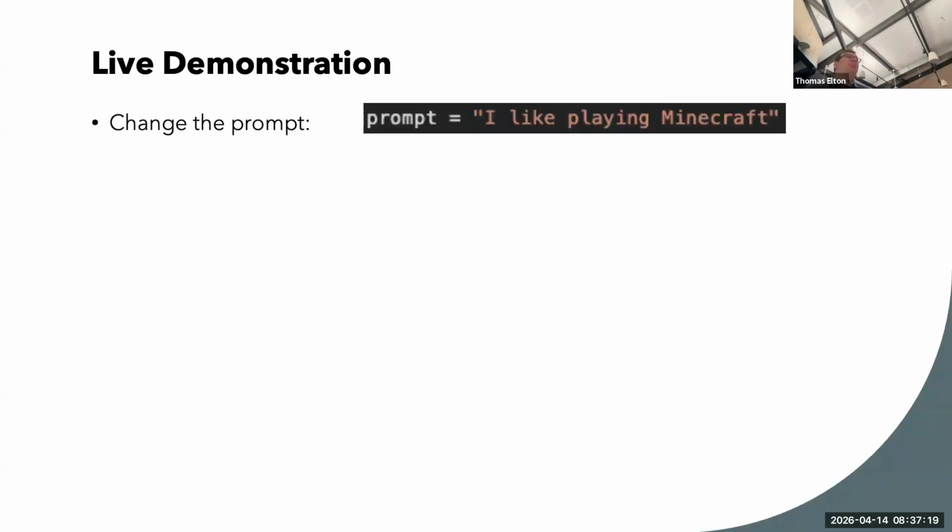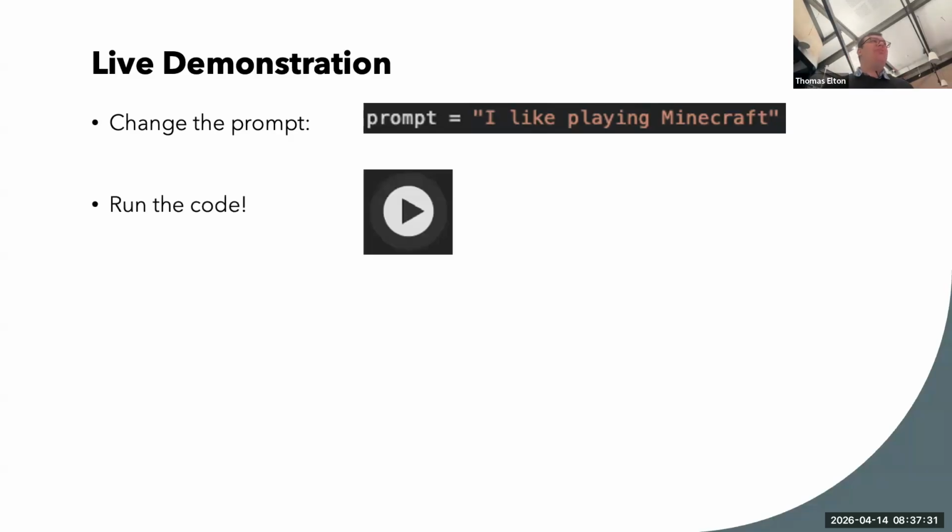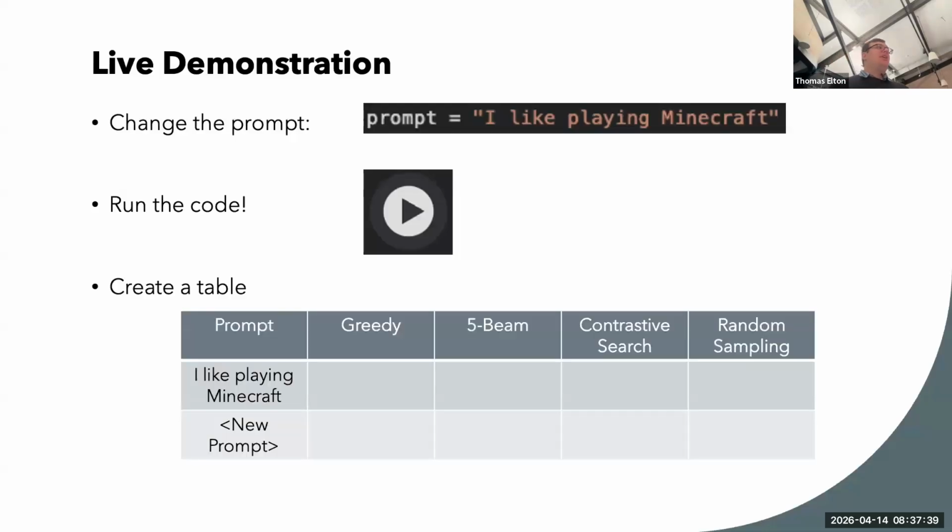So very quickly, let's talk about what's going to happen during the lab and what I'm about to do in the live demonstration. We provide you with some prompts. So for example, the prompt I start off with is, "I like playing Minecraft because I'm still a child inside. It's a great game." What I want you to do is change this prompt and then run the code and see what the different sampling methods select when we continue this sentence.